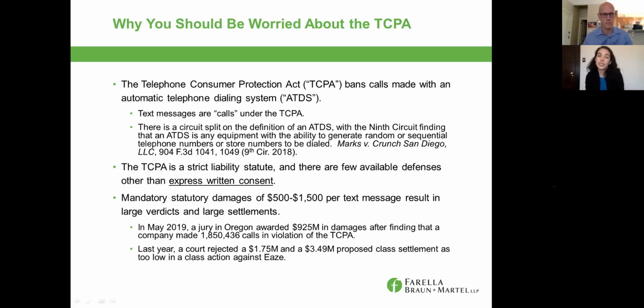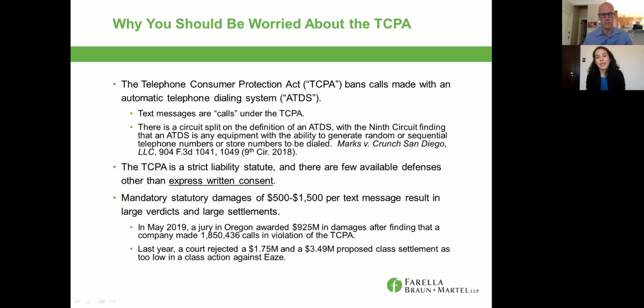Statutory damages are significant. You can pay $500 to $1,500 per text message. The $1,500 fine is for text messages that were willfully or knowingly sent in violation of the law.